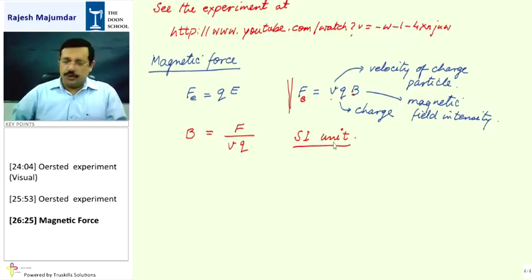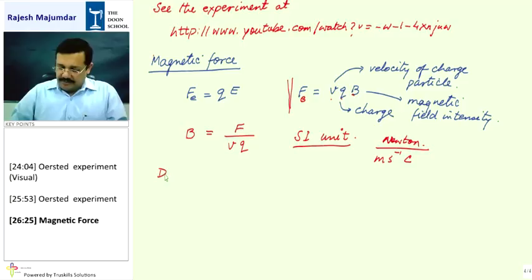So this is Newton divided by velocity in meter per second and the unit of charge, coulomb. Right?